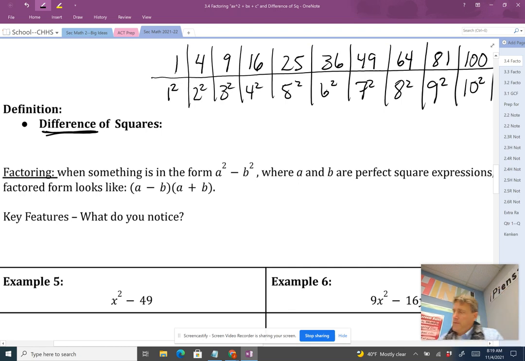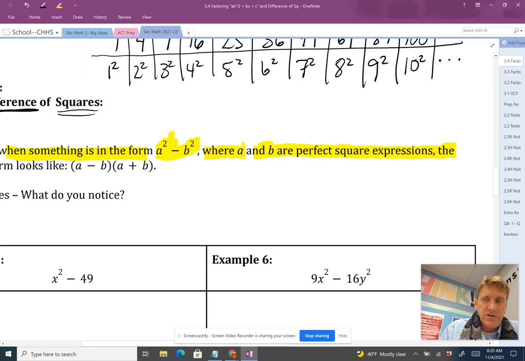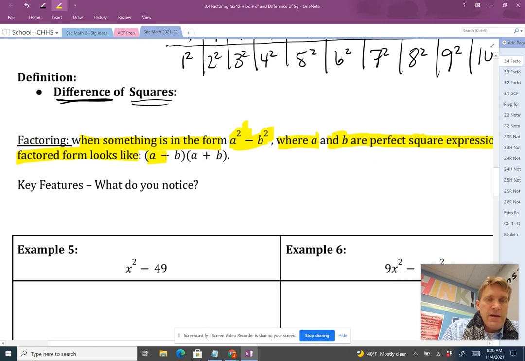What do they look like? When something is in the form a squared minus b squared, where a squared and b squared are perfect square expressions, the factored form looks like a minus b times a plus b.